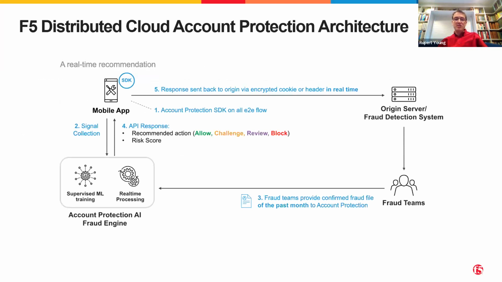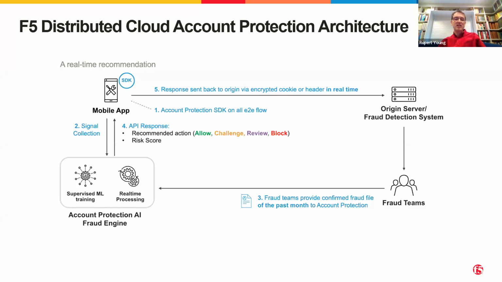Either you're on a website, in which case we collect JavaScript, or you're in a mobile app, in which case we collect information from the actual SDK. We have a mobile SDK that our customers add to their application. And so these collect a set of signals.